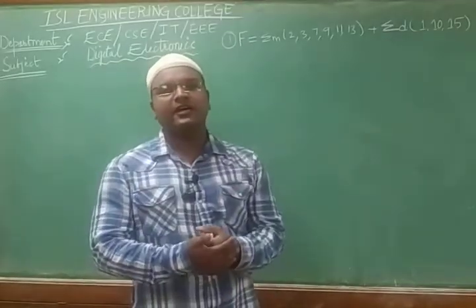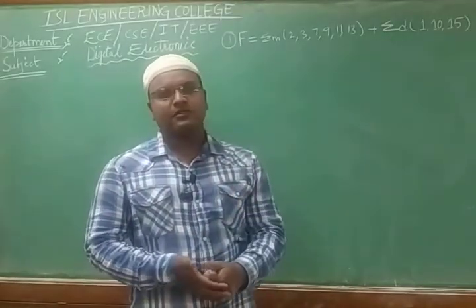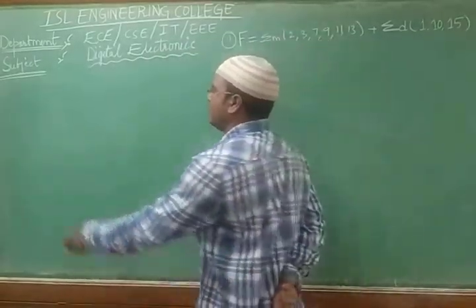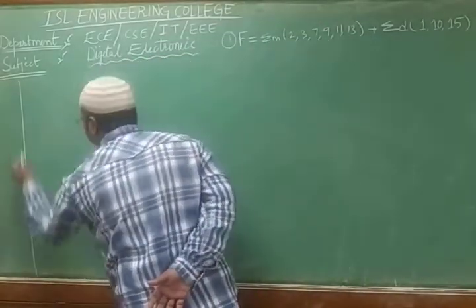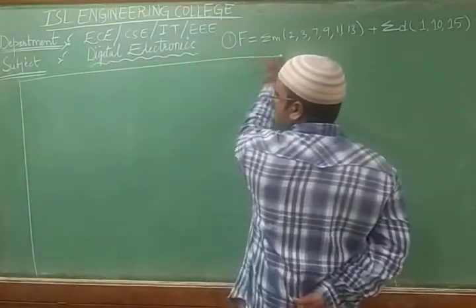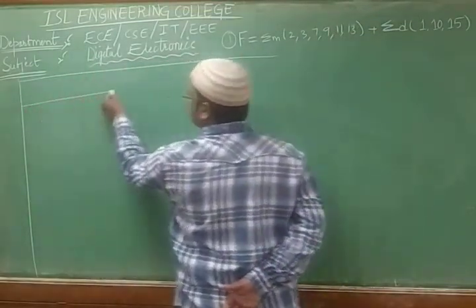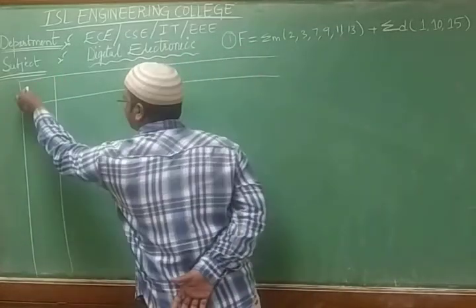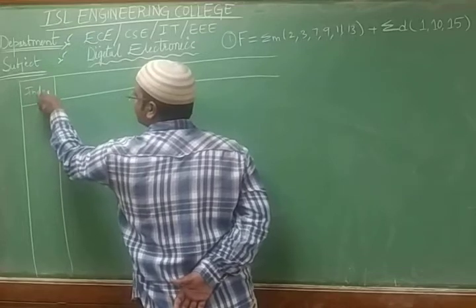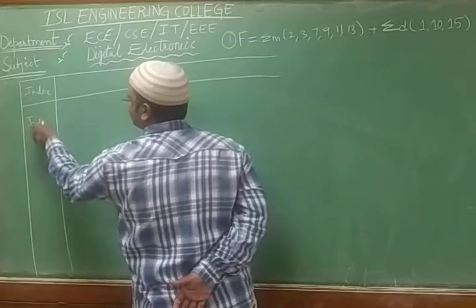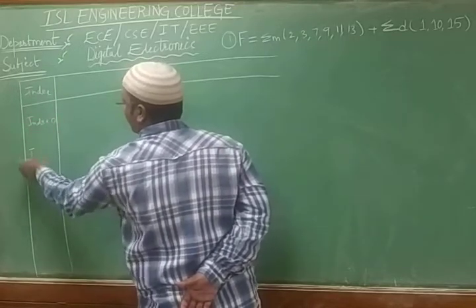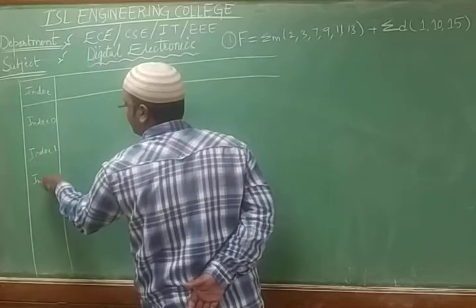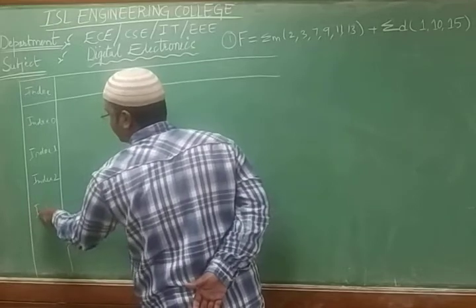We need to write its table. So how do we find it? To write that, we'll try to write its table. First column is all about the index values. So we'll write the index first. We make the first column, and in it we write the index: first index 0, then index 1, next index 2, next index 3.